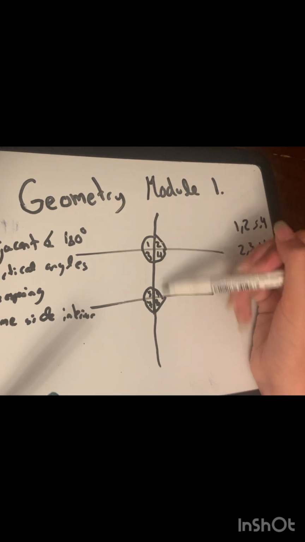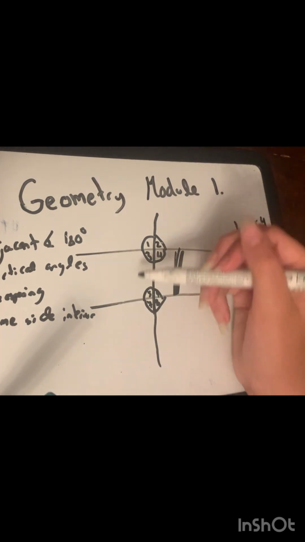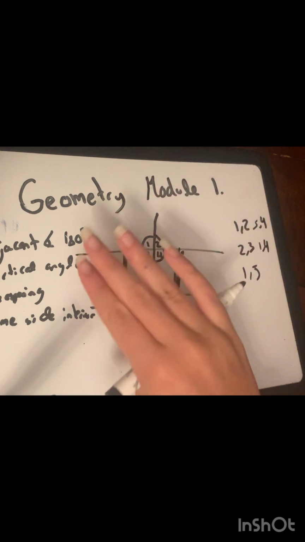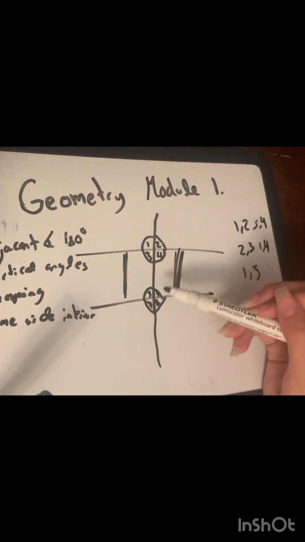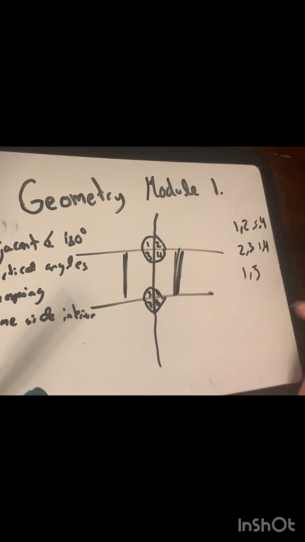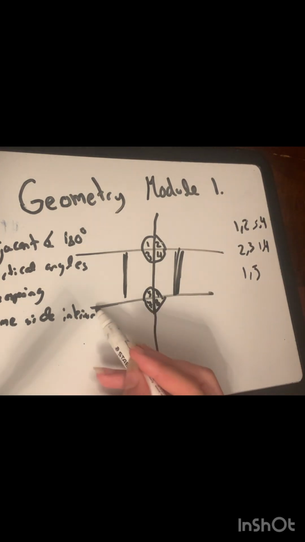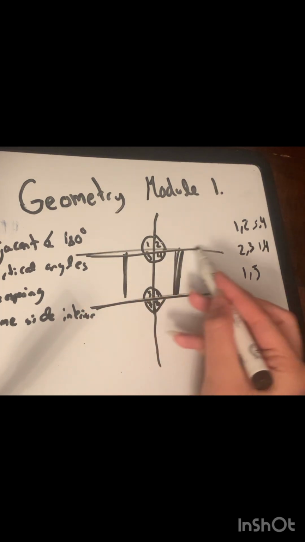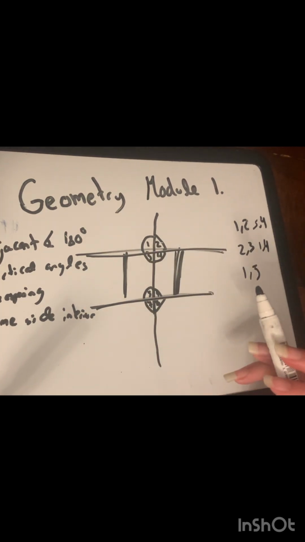It's the inside ones. It would be in here. See, they are inside these two parallel lines, not outside them. So 7 and 8 are out, and 1 and 2 are out, because those are outside these two lines. So we only have 3 and 4, 5 and 8.